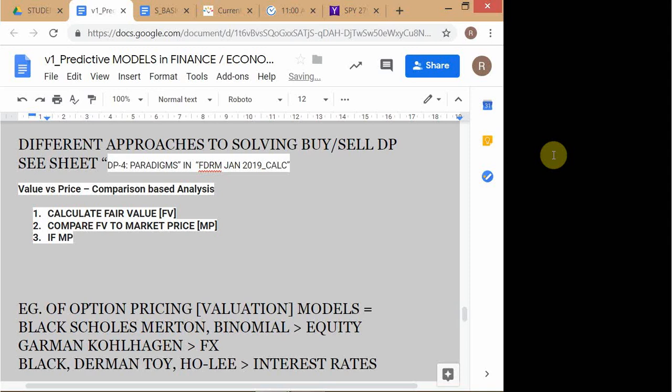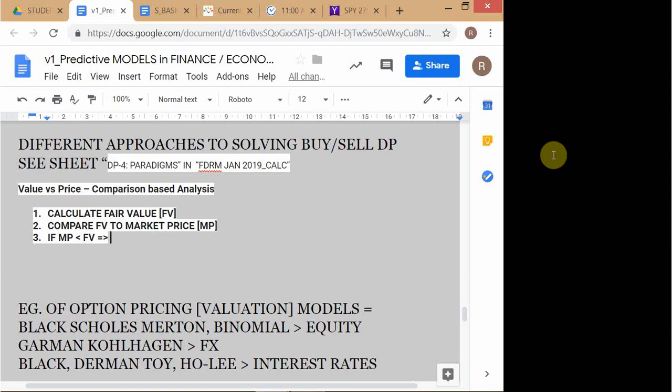All right, then if market price is less than fair value, what should we do? Buy or sell? If market price is less than fair value, buy.